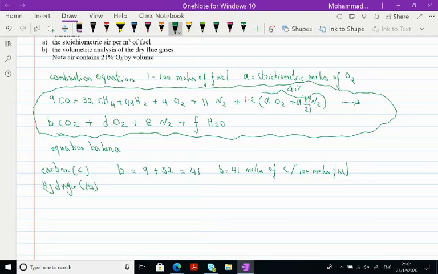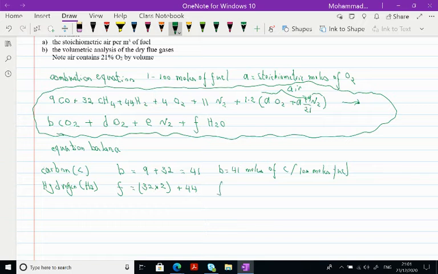So the element of the hydrogen on the left hand side is F. So on the right hand side we have got 32 times 2, and then plus 44, and that's it.